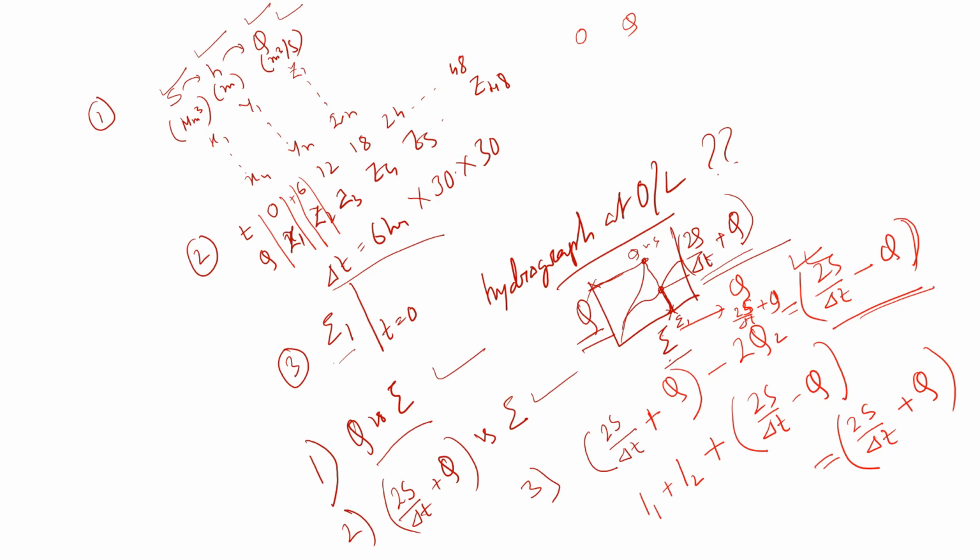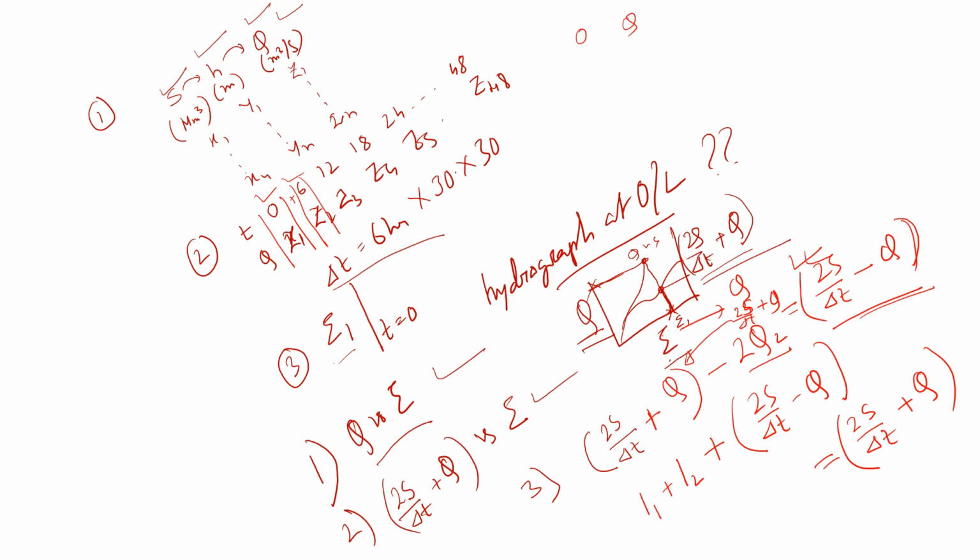Now put this value of 2S by del T plus Q into this expression and deduct 2Q from that. So that will give you your 2S by del T minus Q. And then in this 2S by del T minus Q, you add I1 plus I2. That will again give you 2S by del T plus Q.